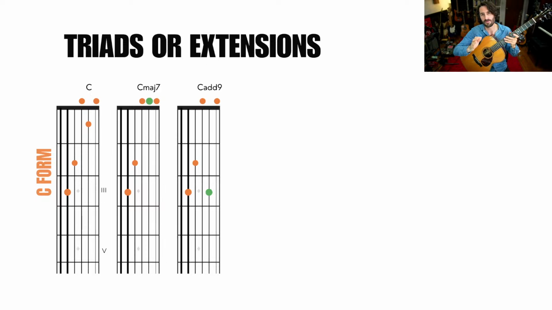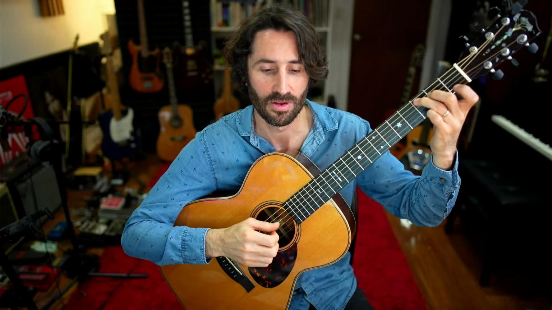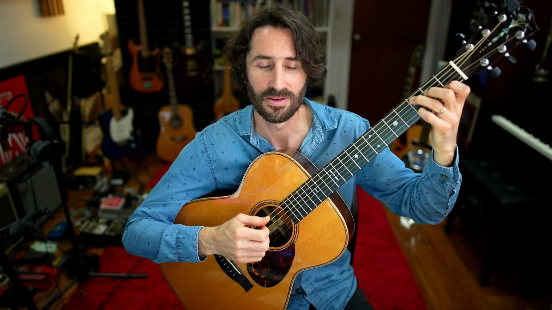What's also lovely if you're a guitar player is just taking those 3 chords there, the C major, the C major 7, and the C add 9, allows us to actually create melodic movement on top of the chord. So we can play this chord, put the finger down, put the little finger down to create the 9, and then go back.